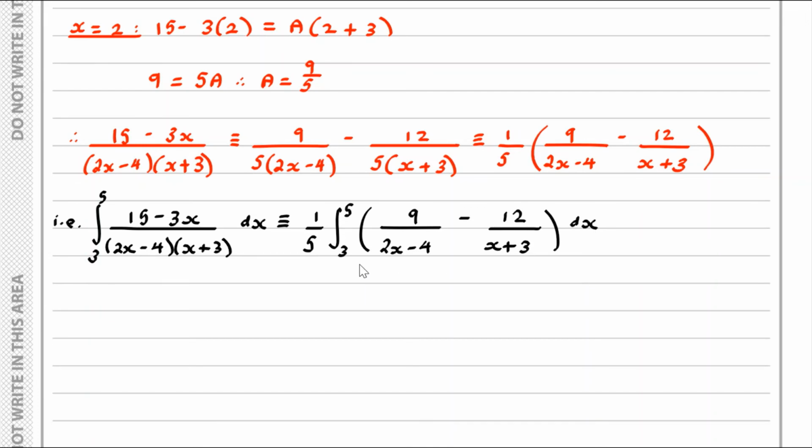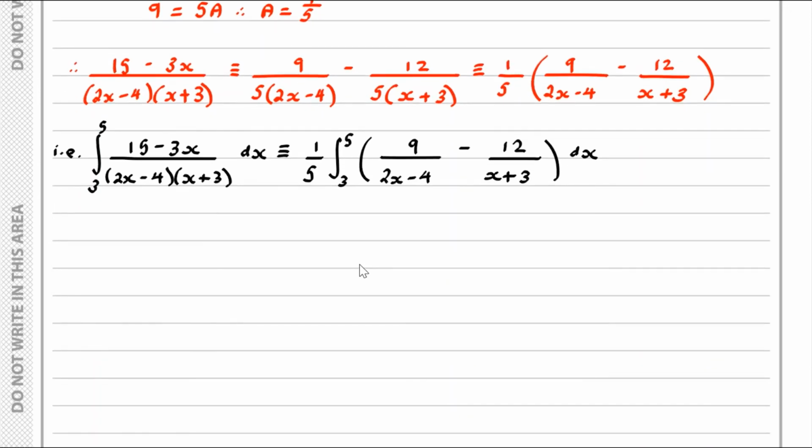Okay, so if we integrate, well, we still have the 1/5 on the outside, so we have 1/5 multiplied by, well, if I integrate 9 over 2x minus 4, if we adjust this, then we would have 9 over 2 times the natural log of the mod of 2x minus 4 minus 12 times the natural log of the mod of x plus 3.